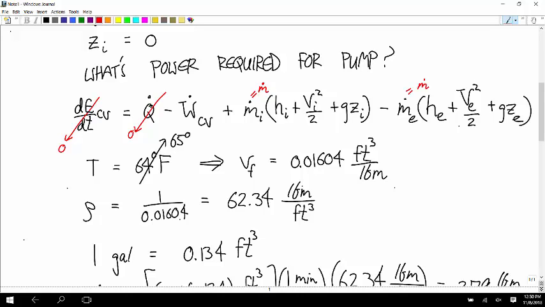And it does give a velocity at the inlet. We're looking for the minimum power that we need to deliver that water 40 feet high. So we're going to assume that the velocity at the exit is 0, because that's going to give us the minimum.